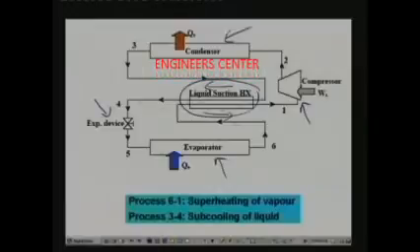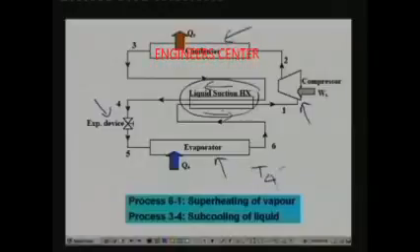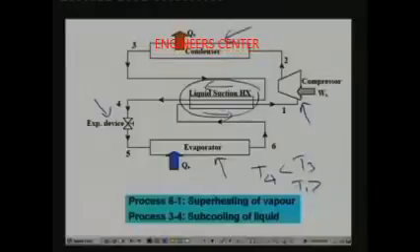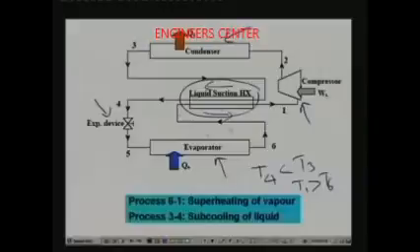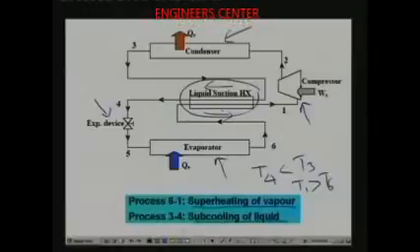That means if you look at the temperatures, T4, that is the liquid outlet temperature, will be less than T3 and T1 will be greater than T6. That means the liquid is getting subcooled and vapor is getting superheated. And as I have already mentioned, process 6 to 1 is superheating of vapor and process 3 to 4 is subcooling of liquid.